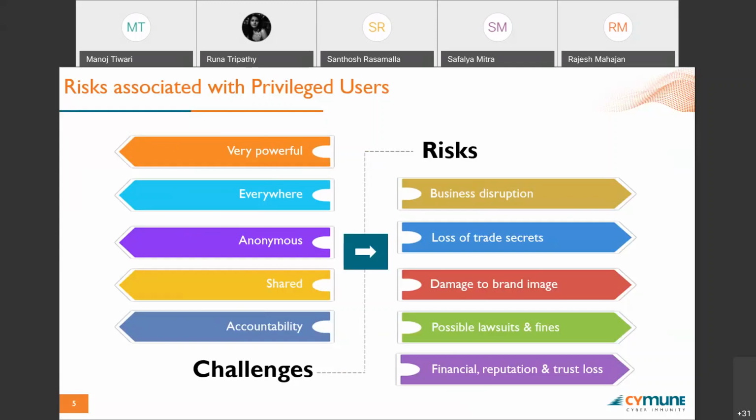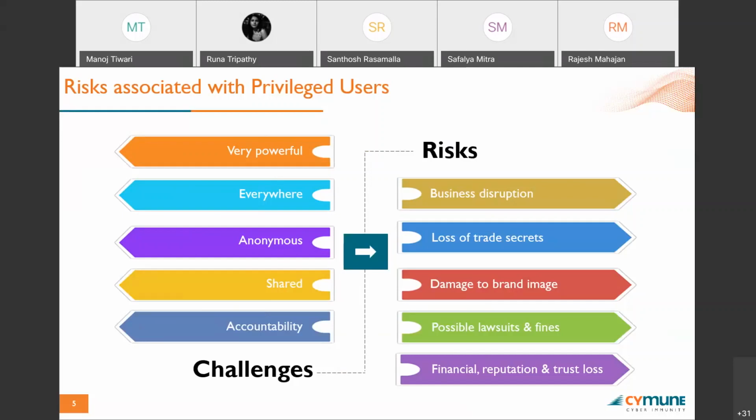There could also be possible lawsuits and fines imposed on you. And your business can also get disrupted, right? So you may not be able to perform as you were doing earlier if there is any data breach. And you might find that some of the small companies may not be able to take this data breach or attacks, and some of them have to even shut down their business. So these are the risks associated with these accounts.